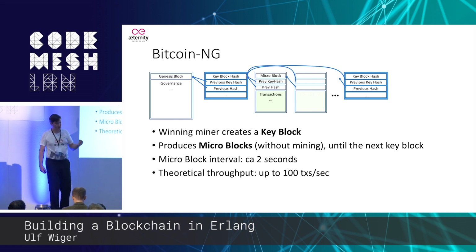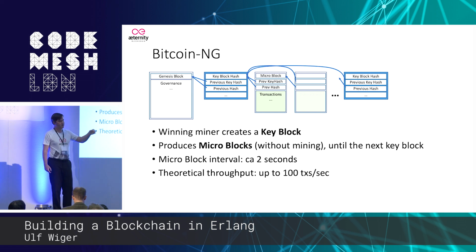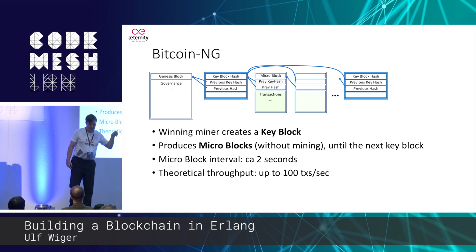But an advantage here is that you get confirmation, at least some confirmation, very quickly. If you pay for a coffee in Bitcoin, it can take half an hour before you get confirmation. And of course, the coffee vendor is not going to force you to stand there for half an hour before he gives you the coffee.